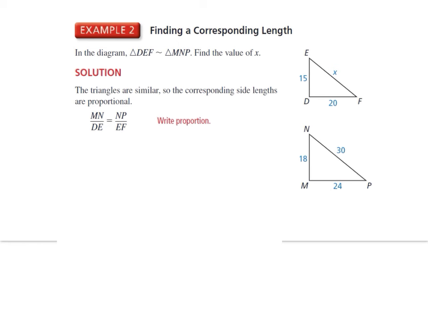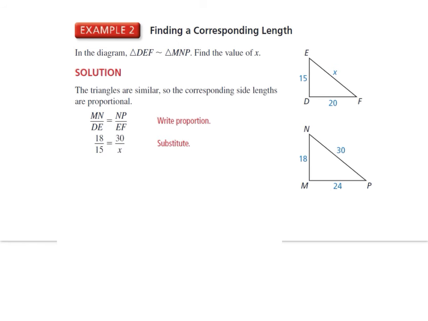We can say that side MN corresponds to side DE and is equal to NP, which corresponds to EF. Make sure that you note the two sides that are in the numerators come from the same shape. And then the two sides that are in the denominator come from the same shape. Super important that you maintain consistency within your proportion.